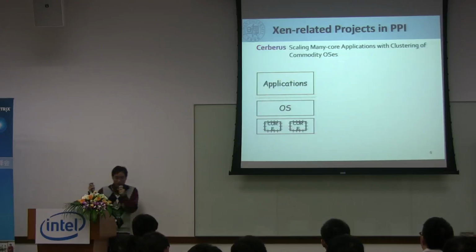Also, we recently did some work on improving the scalability of Xen, since Xen has a very big domain lock, the shadow lock, to serialize access.